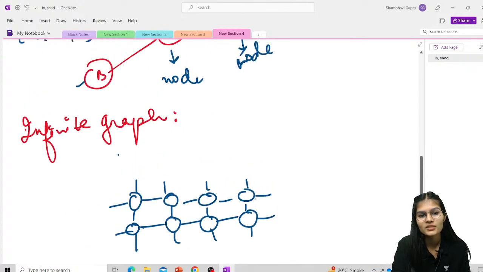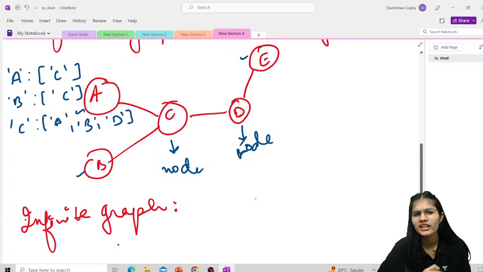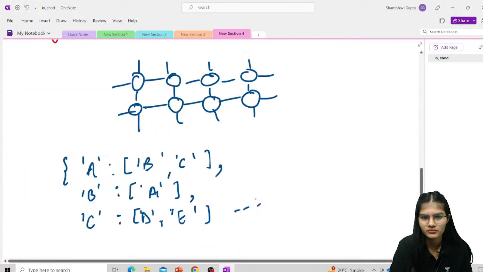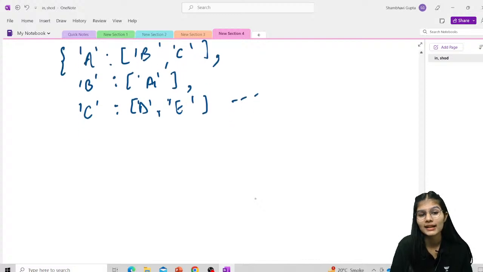Rather, I made this graph, and very easily you will be able to understand what is referring to what. So this is exactly the use of the graph.